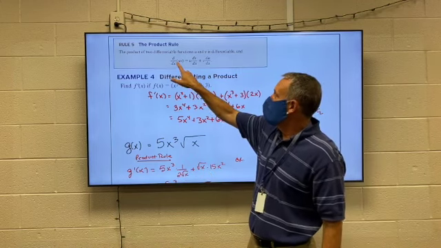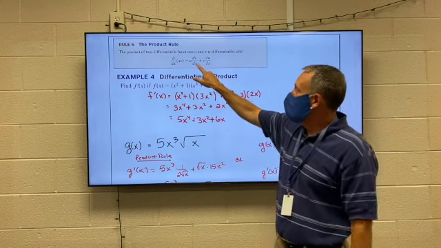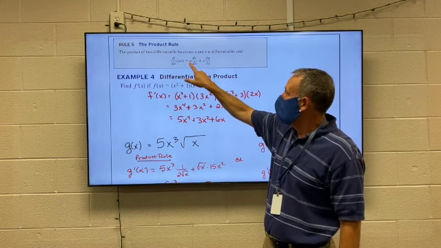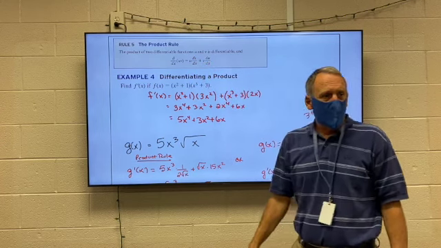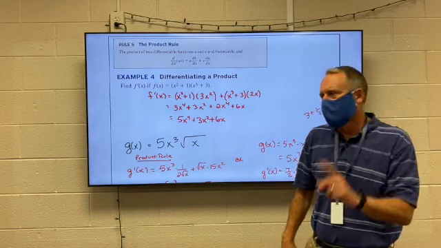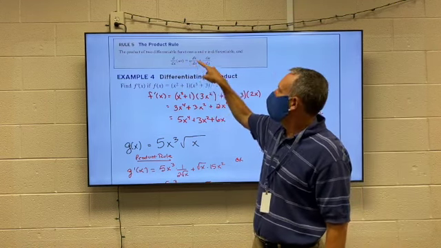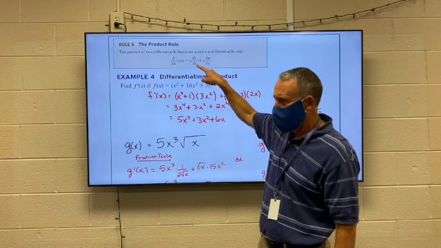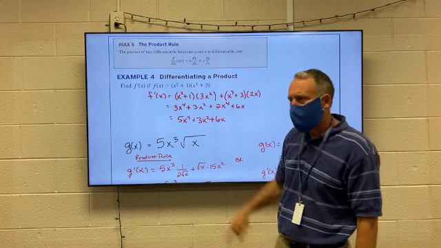The derivative of a function u times a function v is going to be what? Well, it's u dv dx plus v du dx. Well, how are you going to memorize that? It's easy. It's the first times the derivative of the second plus the second times the derivative of the first.